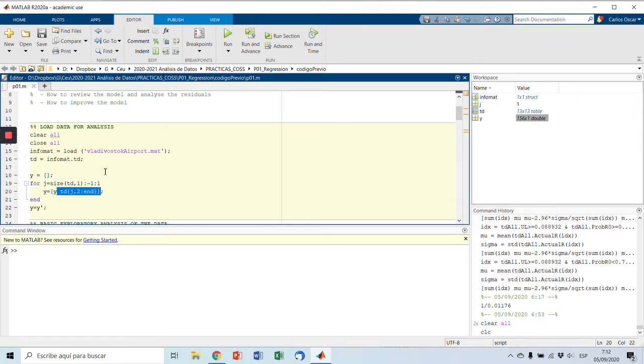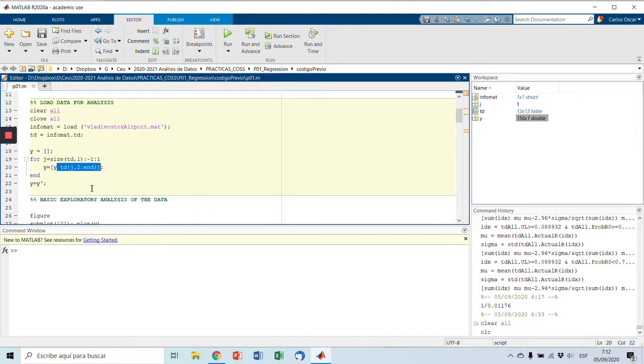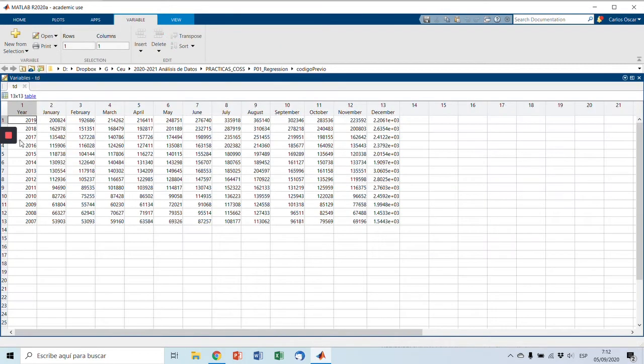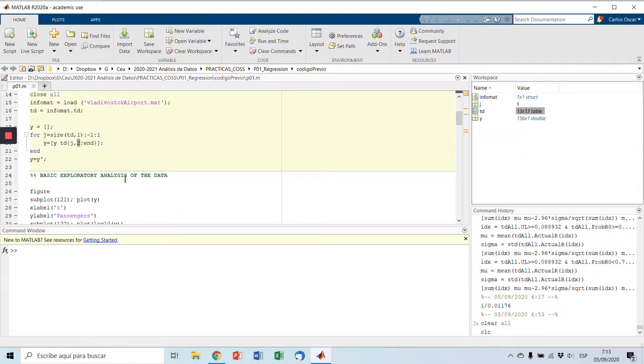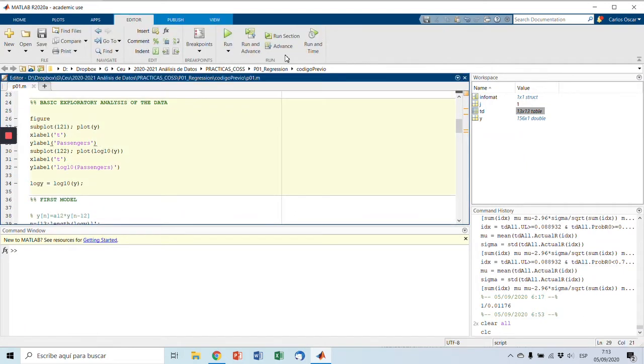This 2 means skip the first column, but the first column was the year that we don't want to make part of the vector of passengers. Okay, so now we have the column vector, so let's have a look at it.